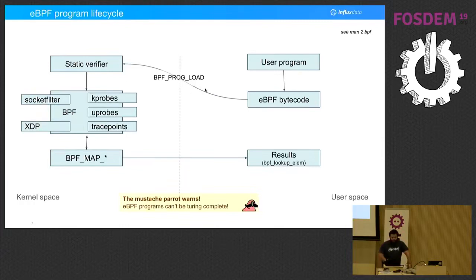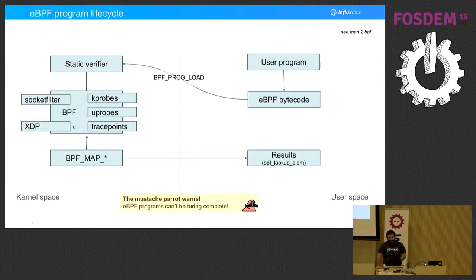By passing this argument to the BPF syscall, you load the program, the static verifier reads the program and ensures that everything is okay, and then the BPF VM understands what kind of program this is: a kprobe, a uprobe, a static tracepoint, whatever.